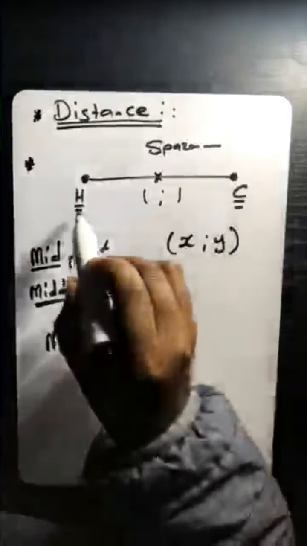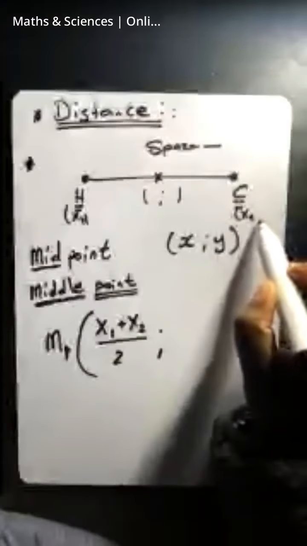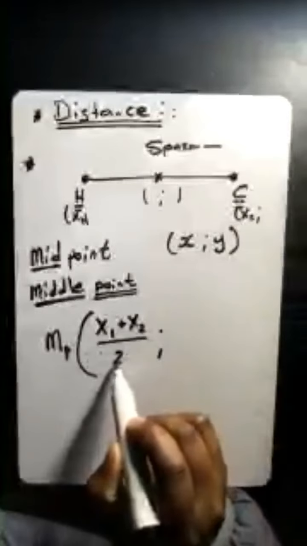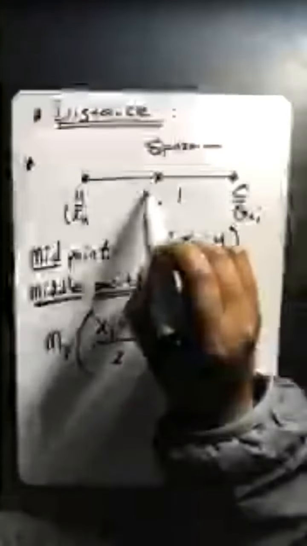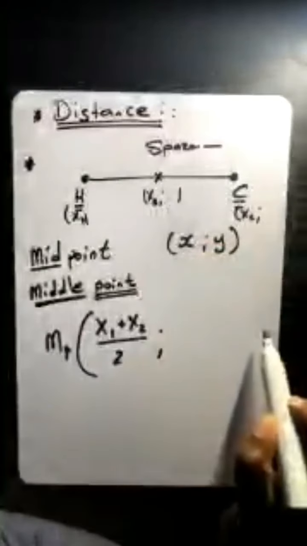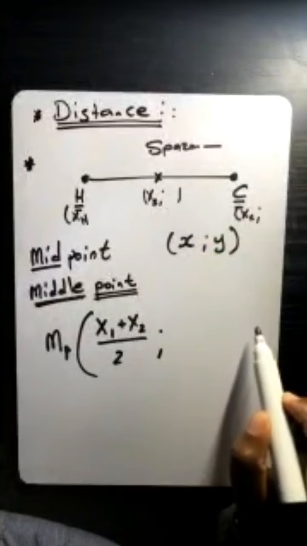So you add the x value of the house with the x value of the clinic, and then you divide that by 2. It gives you the x value of the spaza shop. You do the same for the y value.